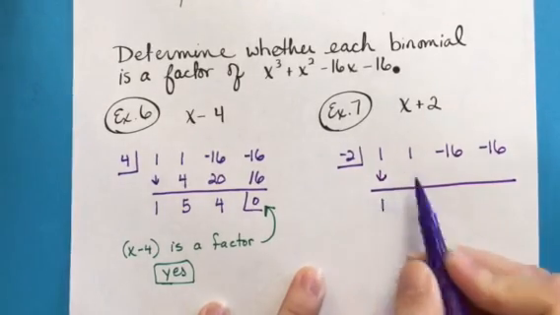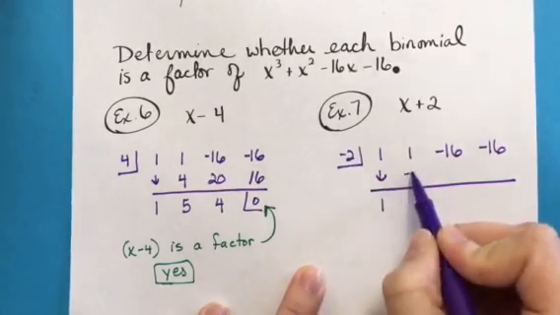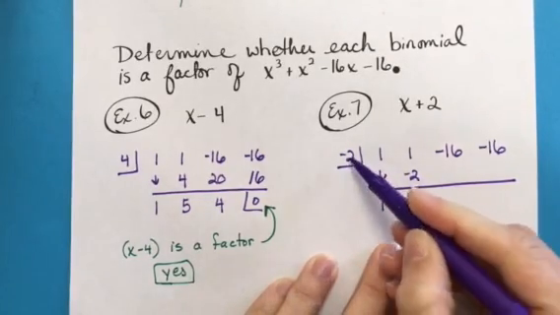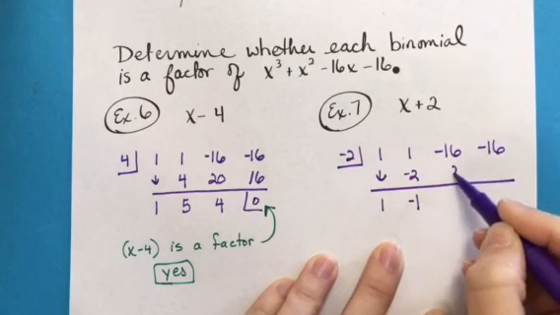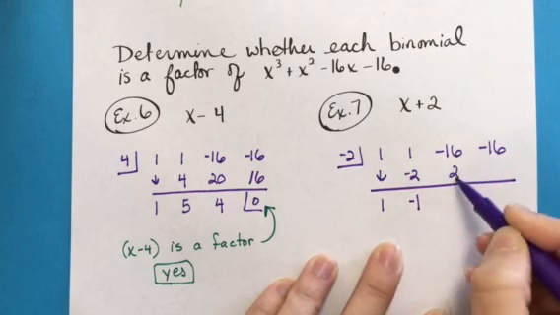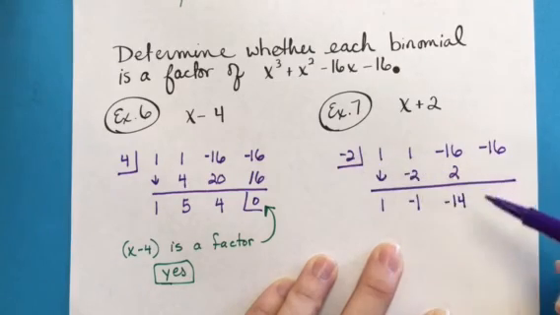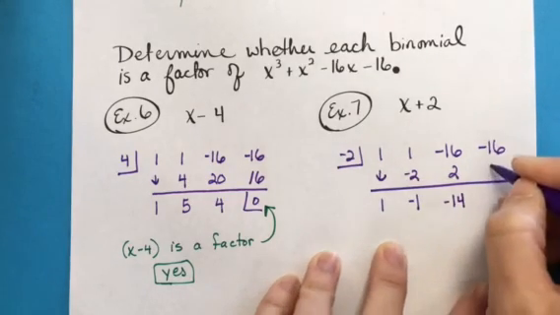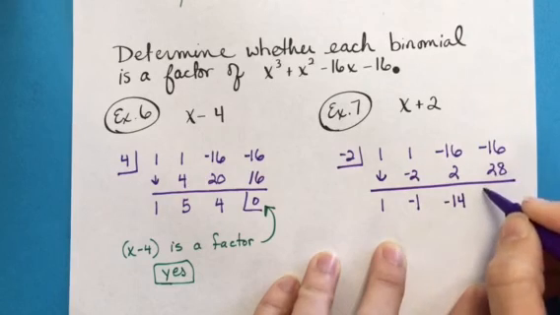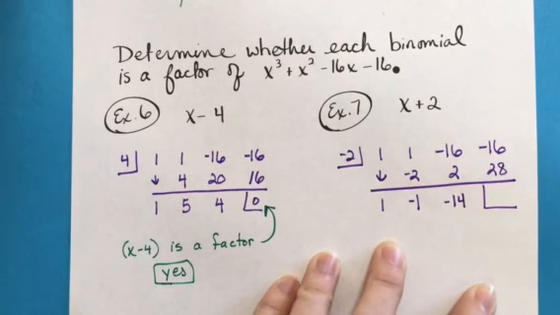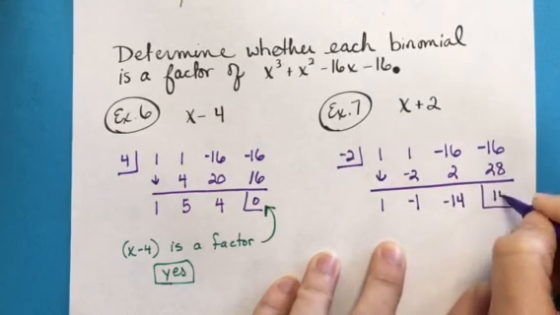Okay, bring down your 1. Negative 2 times 1 is negative 2. Add, you get negative 1. Negative 2 times negative 1 is positive 2. Add, you get negative 14. Negative 2 times negative 14 is a positive 28. And if you add here, you're going to get 14.